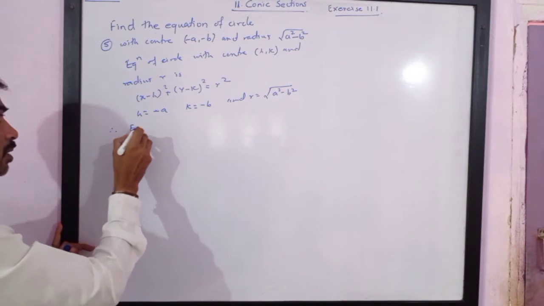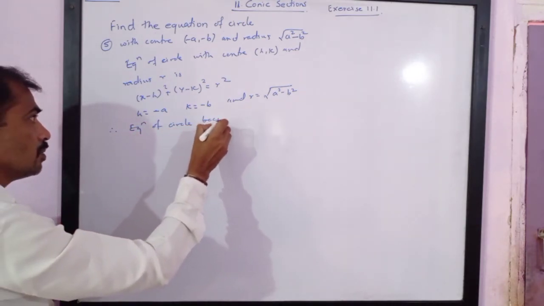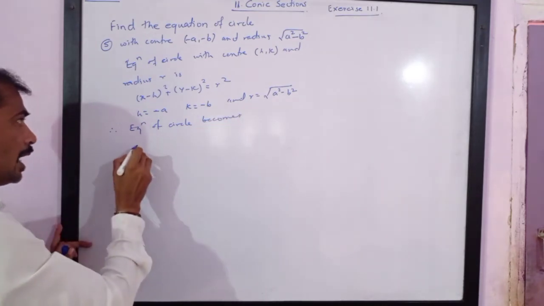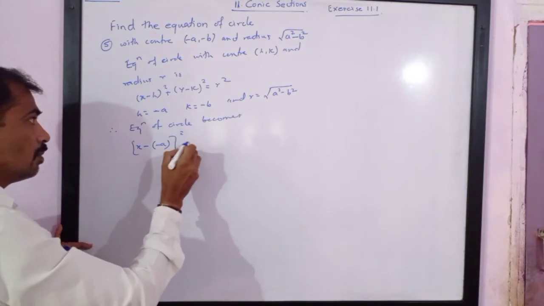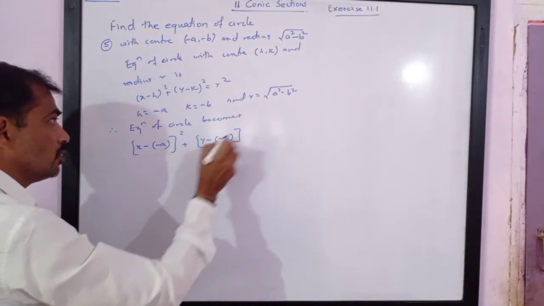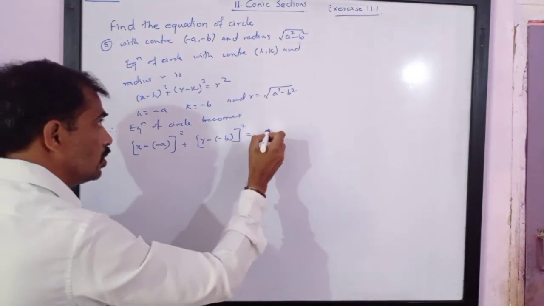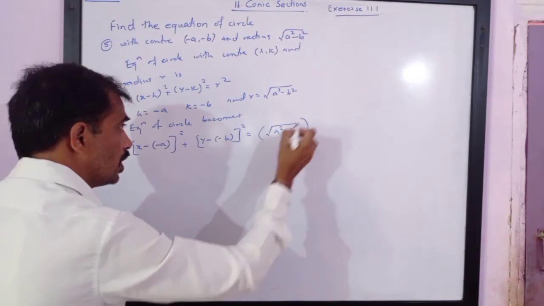Therefore the equation of circle becomes x minus, please note this is minus a bracket square, plus y minus b bracket square, don't get confused with the negative signs, is equal to radius root of a square minus b square, we have to square this all.